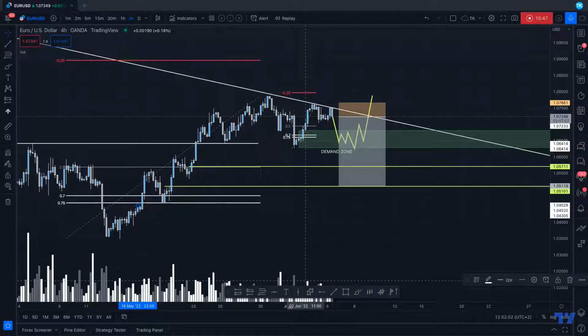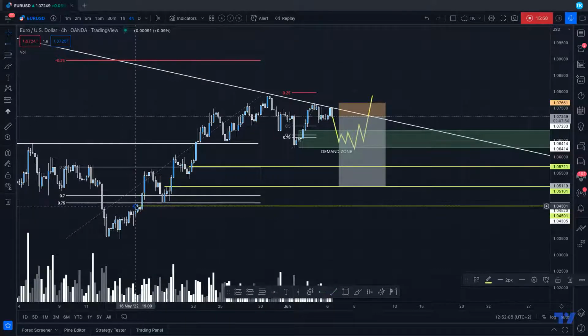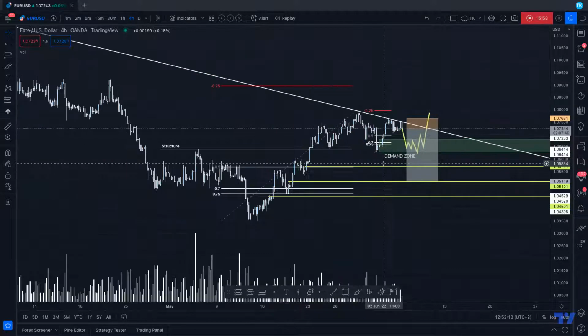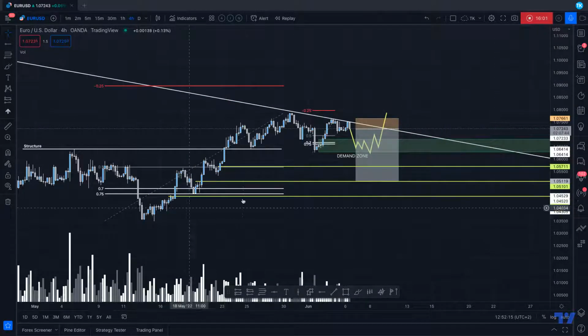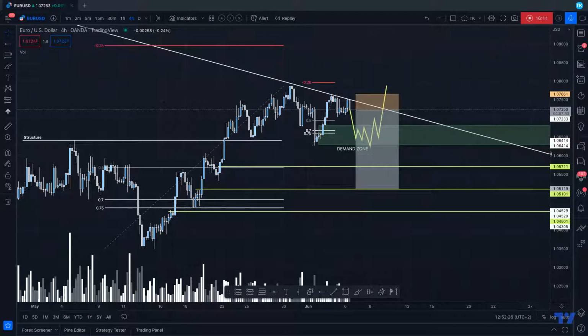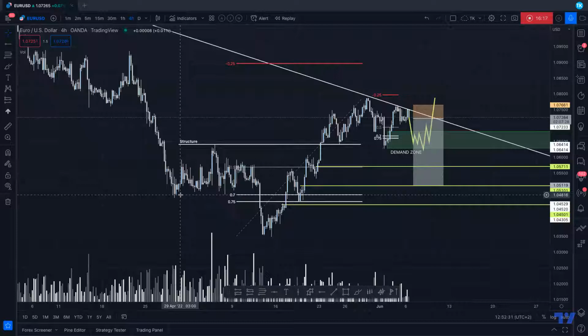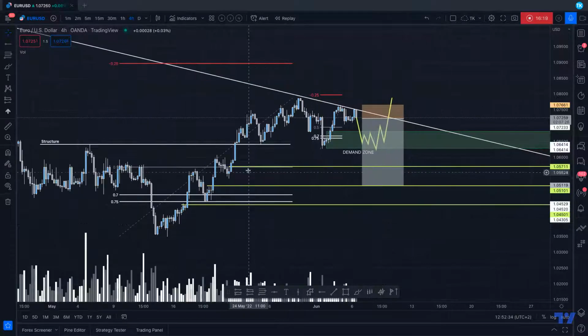These are all good levels from which price could react. Obviously, the best one will be this one, which is quite close to the 75, which is an algorithmic level, a very highly profitable algorithmic level, and this is in confluence with the 50, but I will not consider it.